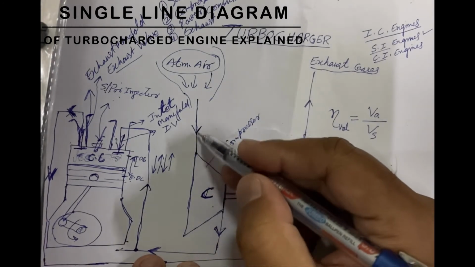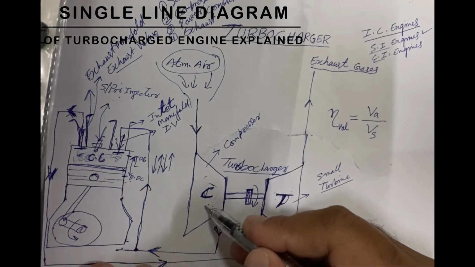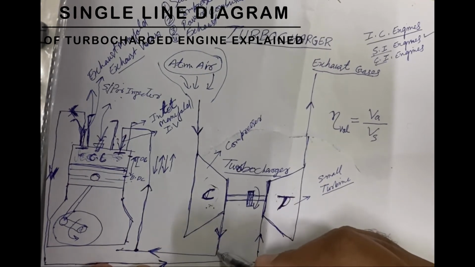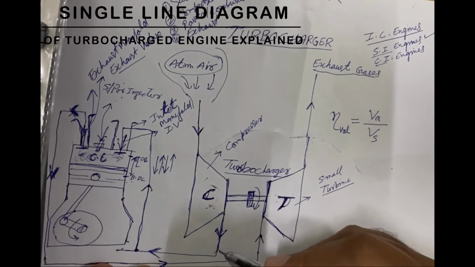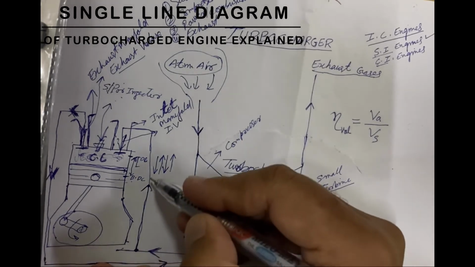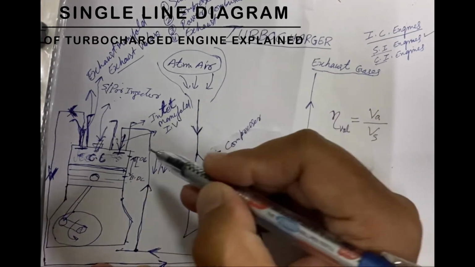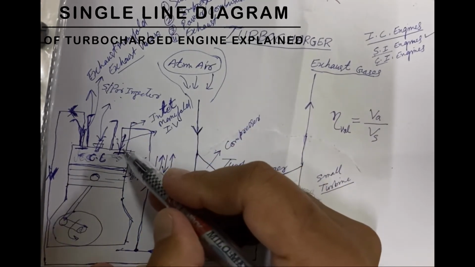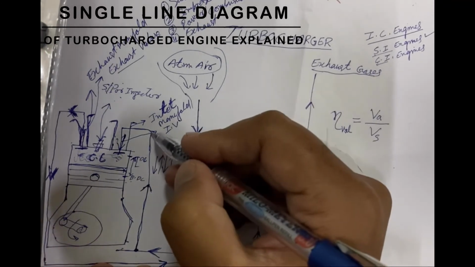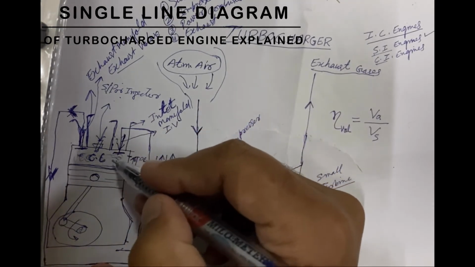It sucks air from here and it gets compressed by the action of the rotating impeller of this compressor. This compressed air is then supplied, you can see by these arrows, to the engine. Here when the inlet valve opens during the suction stroke, these highly compressed gases are supplied to this combustion chamber.